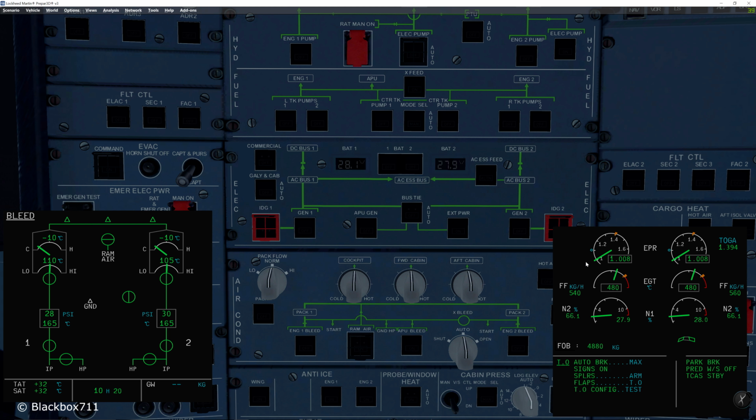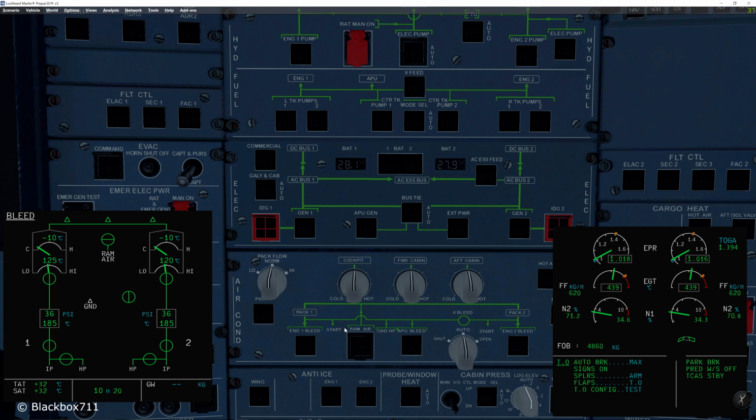If I increase the power and we pass about 45% N1, you'll see the high pressure valve closing. There it is. And so now the intermediate pressure being supplied from the engines is enough to supply all the users of the bleed air. As the thrust is reduced, the high pressure valves open again to help out with the bleed demand from the systems.